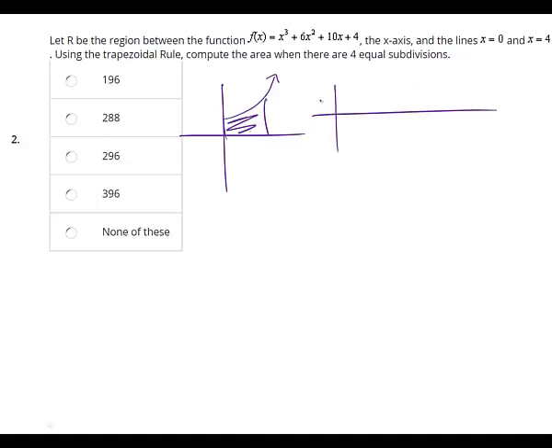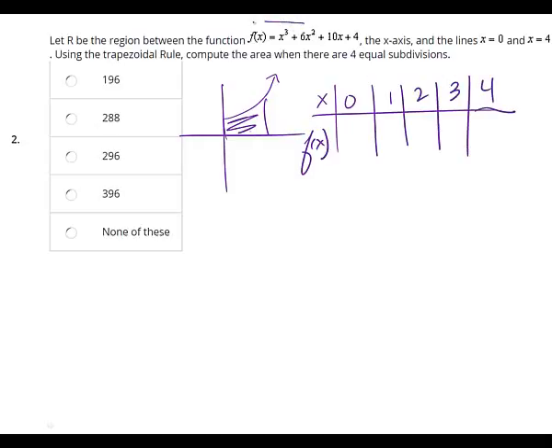So probably the best thing to do is to go x, f of x, and just go ahead and find our values. So 0, 1, 2, 3, 4. So here's what I need you to do. I need you to take this and plug it into the calculator. Put it into your graph.